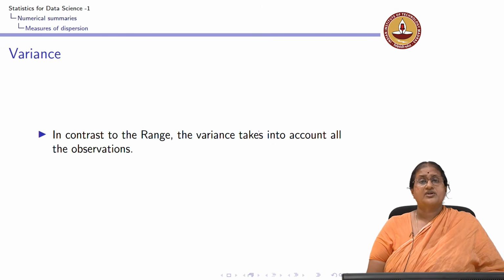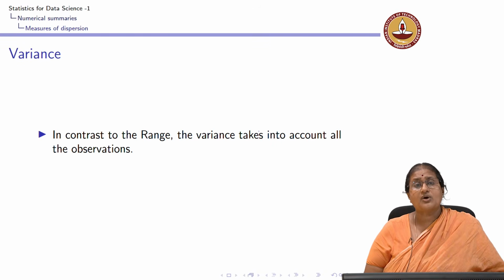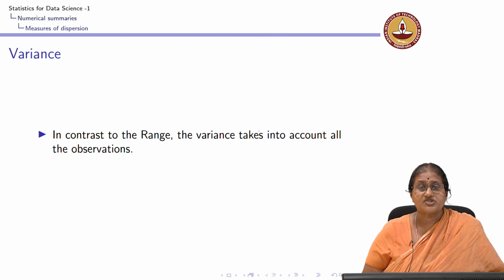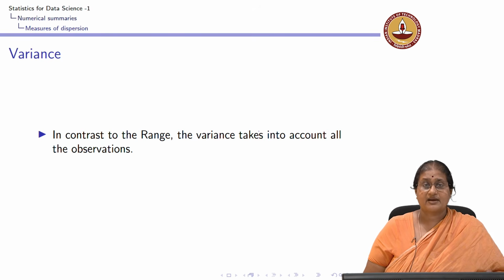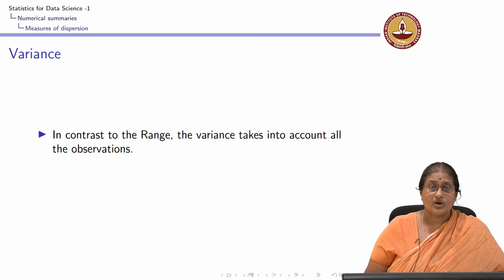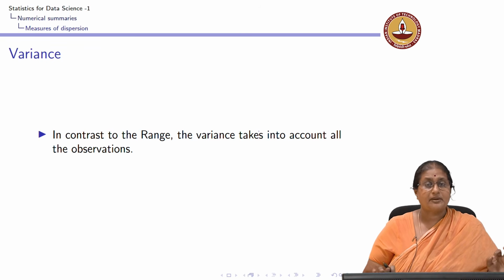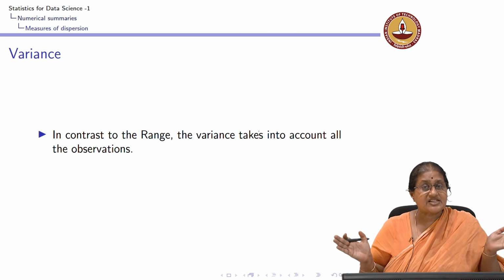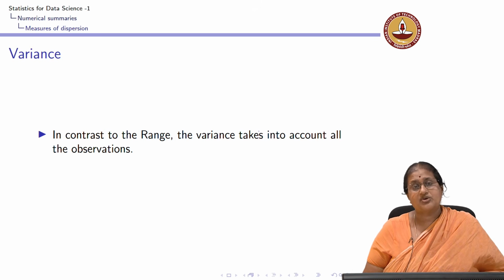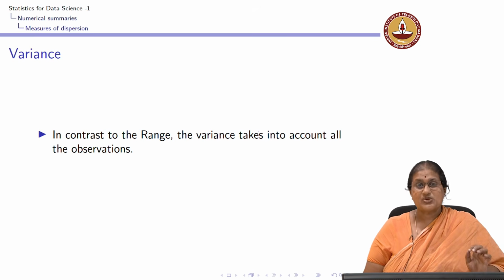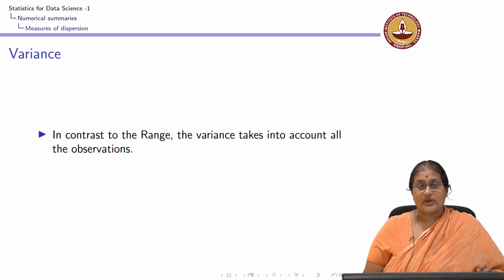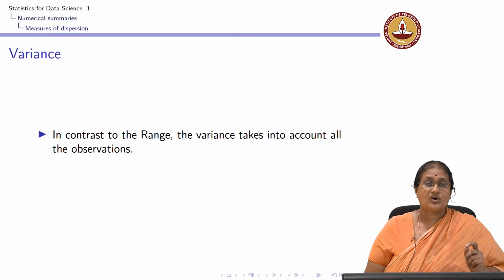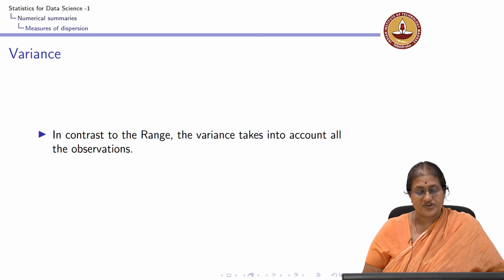In contrast to the range, the variance takes into account all the observations. What do we mean by this? Again, the range takes into account only the minimum and the maximum, whereas the variance takes into account all the observations.